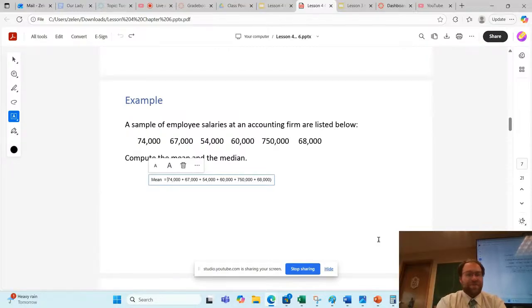So in this case, 6 salaries. What number do we get? $178,833.33.